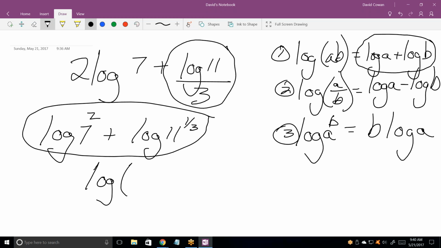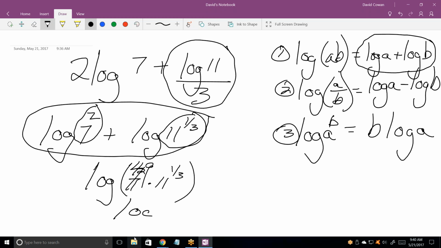So to turn it into a single log expression, you're going to take the log and multiply that times that. So it's 7 squared times the cube root of 11. And of course you can turn that into a 49 pretty easily, whereas we're going to leave the cube root of 11 that way because that's an irrational number. So your answer should be this.